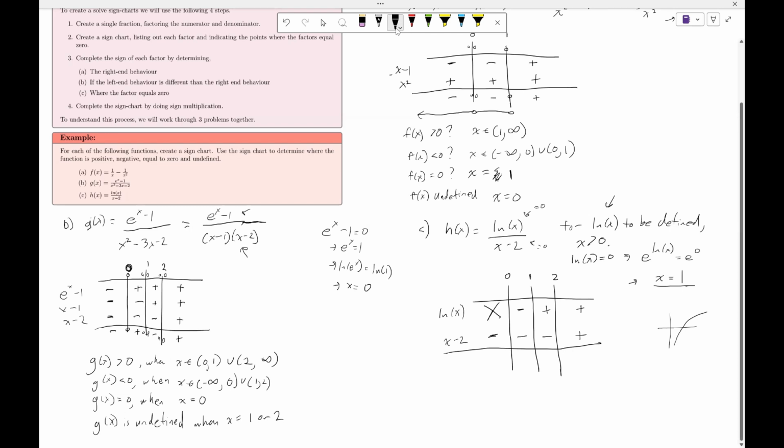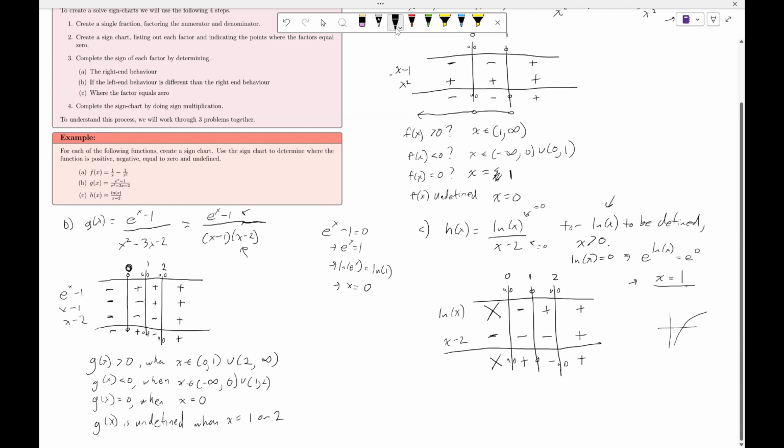And now I can do my sign chart multiplication. Positive, negative, positive. And here I'm going to put an x for not defined. Last thing to do, undefined. Ln of x is undefined at 0, and it equals 0 at 1. So I get undefined, 0, undefined.